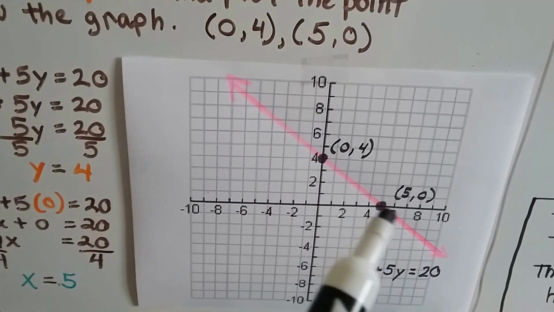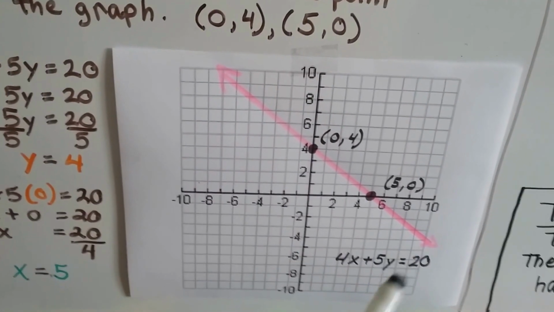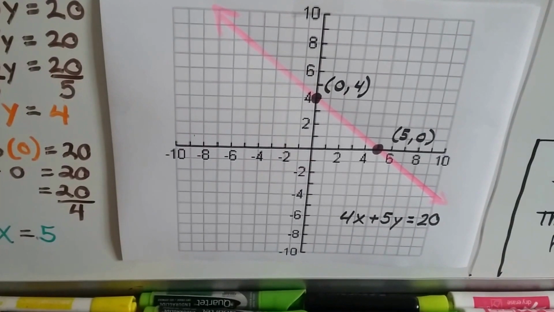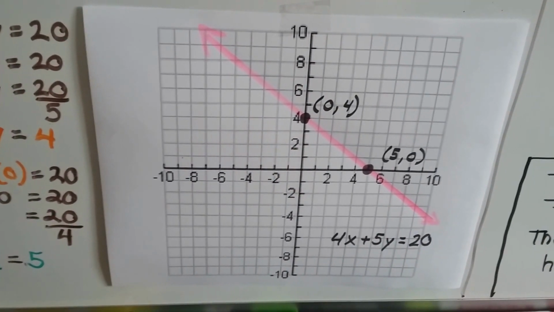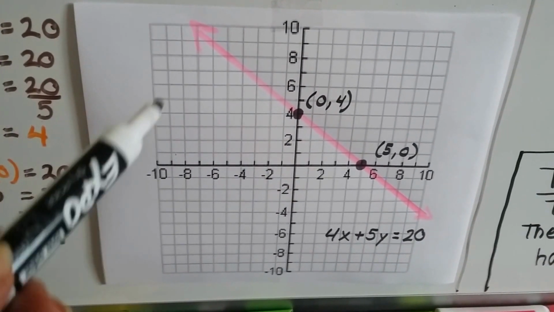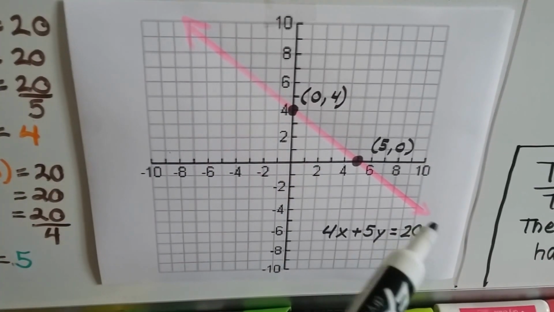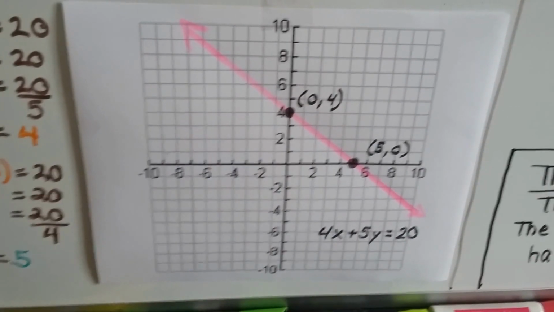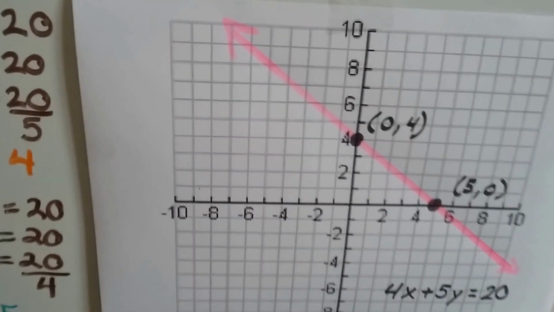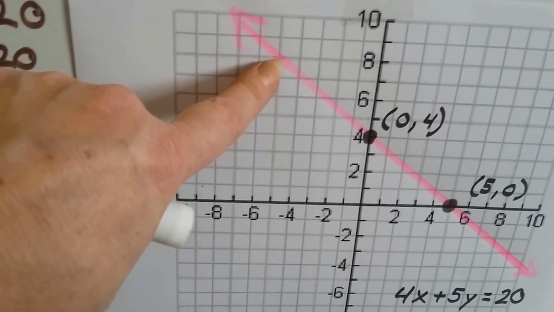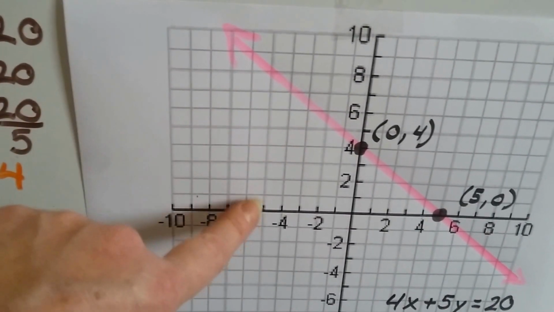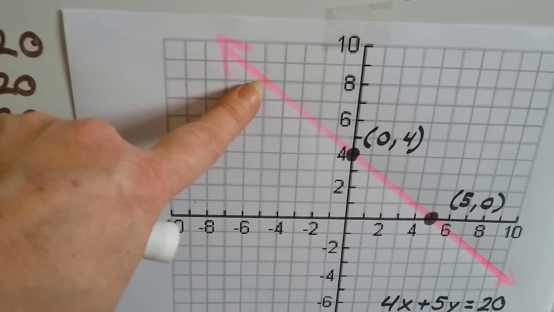So now we have our 2 points. We can draw our line. That is the graph of the equation 4x plus 5y equals 20. And every point on this line will satisfy this equation. So if we find a point like right here where it crosses, this is at (5, 8).